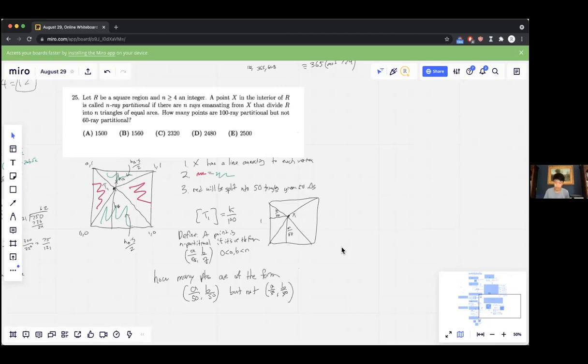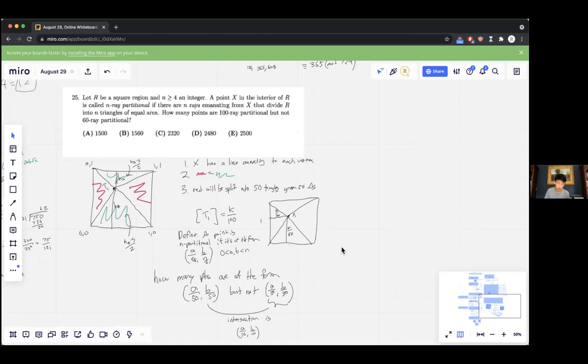Firstly, you have to get rid of those 3's in the denominators, or you have no chance of it being equal to a over 50. So the intersection of these two sets of points is going to be the set of points of the form a over 10, b over 10, because the greatest common divisor of 30 and 50 is 10.